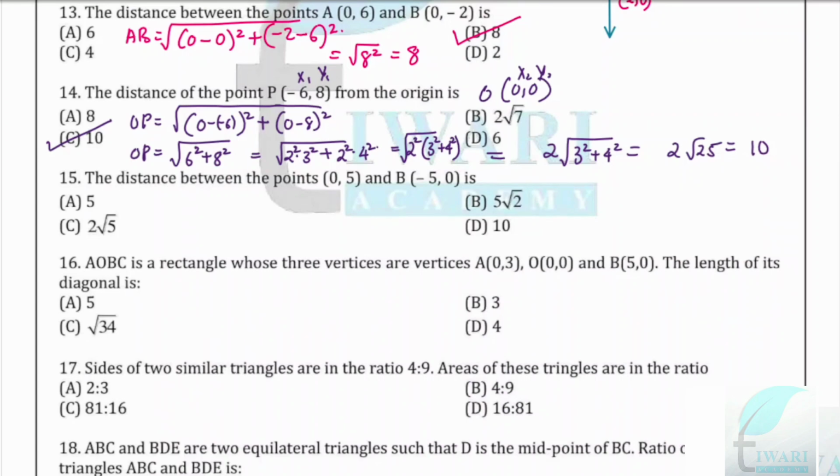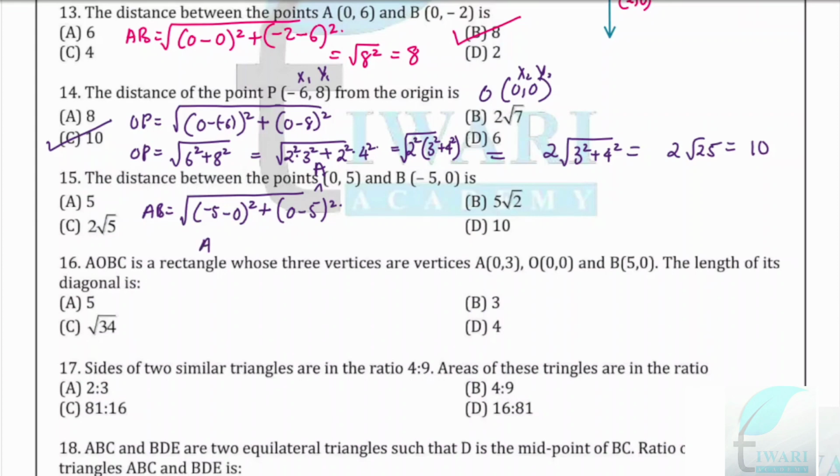Now question 15. The distance between the point A (0, 5) and B (-5, 0) is what? So let us consider that this point is A. So what is the distance AB? So let this be x1, y1 and x2, y2. So x2, that is -5 minus 0 whole square plus y2, that is 0 minus 5.